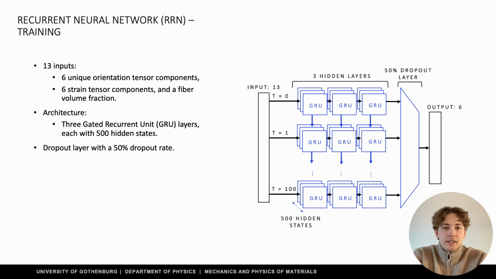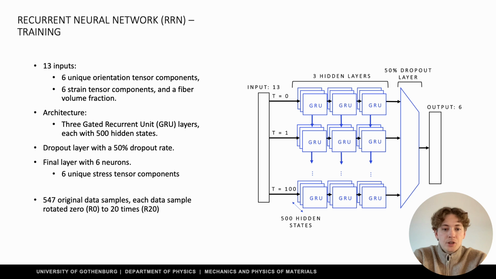The model was trained on 547 samples of original data. Each sample was augmented through rotations ranging from R0, which contains no augmented simulations, up to R20, which contains 20 rotation matrices.